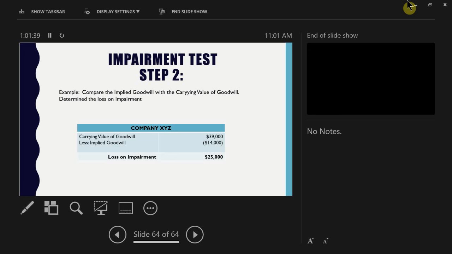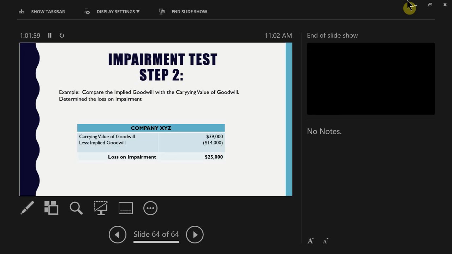In this case, I got a number of 25,000, because I have to subtract it out. And in this case, I end up getting a loss on impairment.